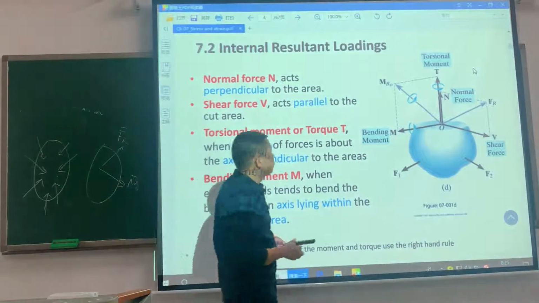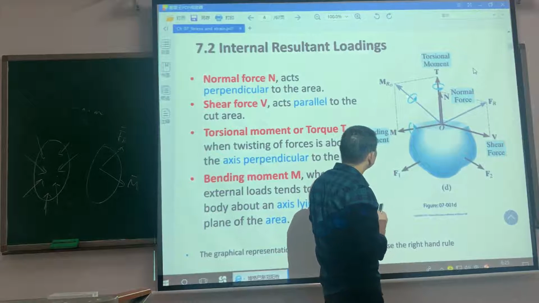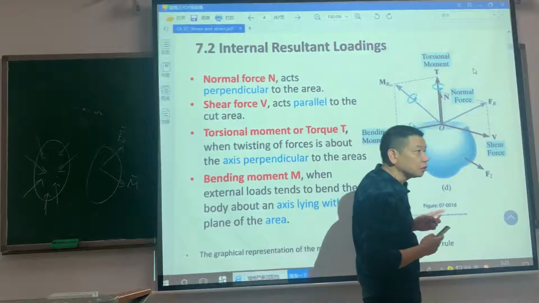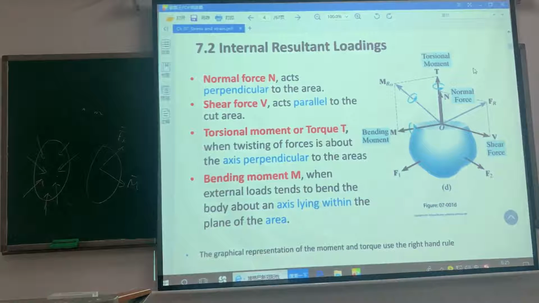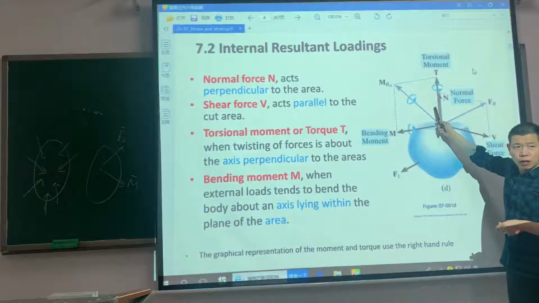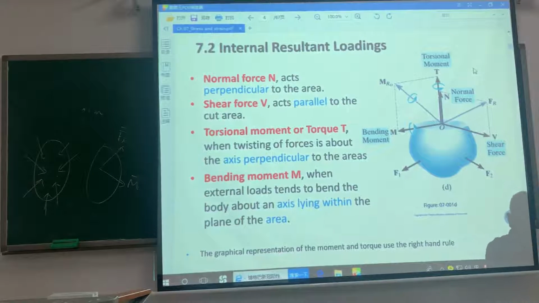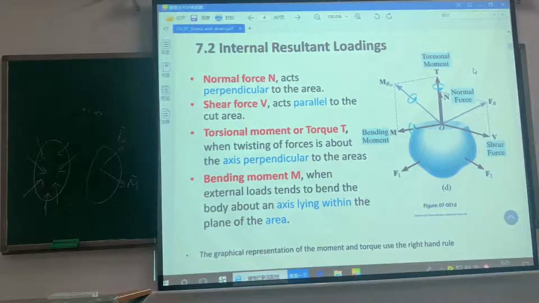The moment we can also resolve, the resultant moment. One component is perpendicular to the section.